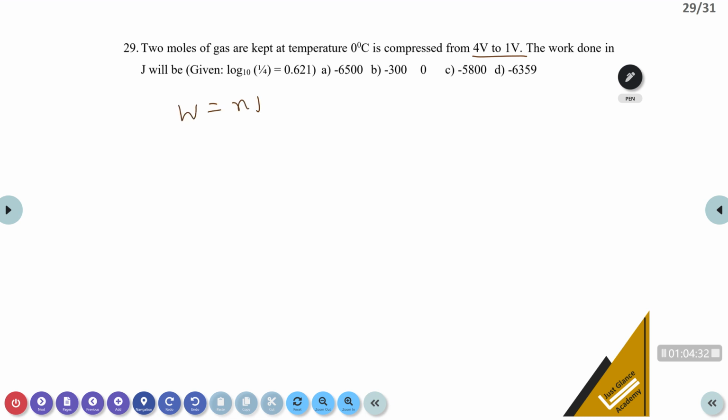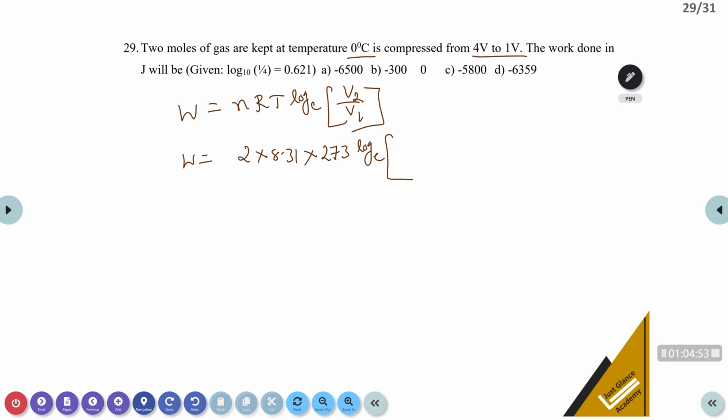Work done equals n R T log to the base e of V2 divided by V1. How many moles? 2 moles into 8.31 into temperature, 0 degrees Celsius means 273, log to the base e of V2 by V1, 4 divided by 1.